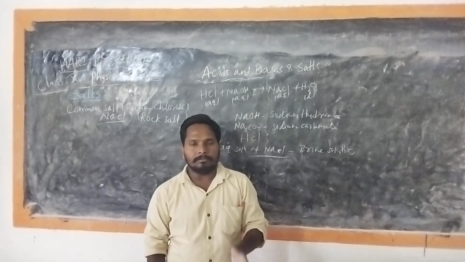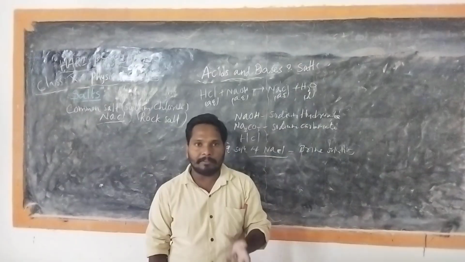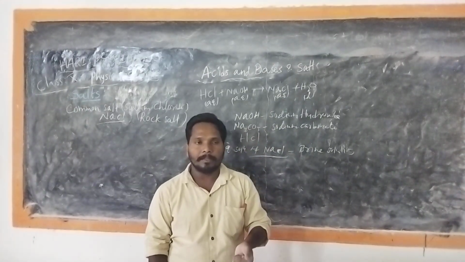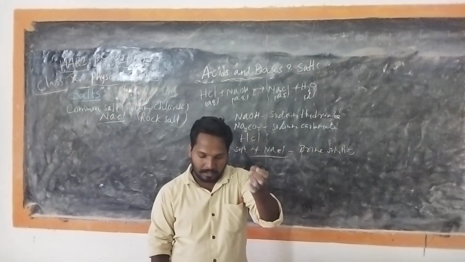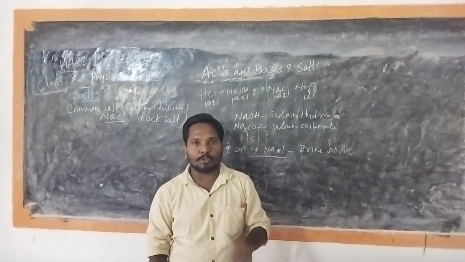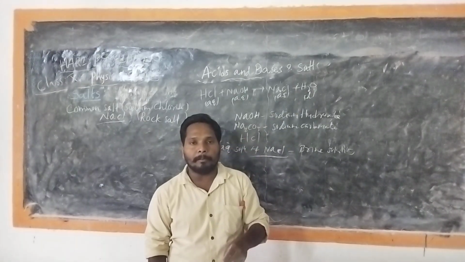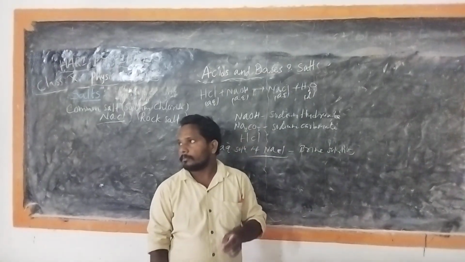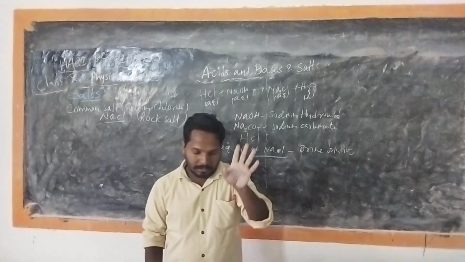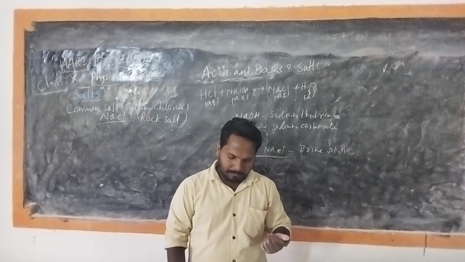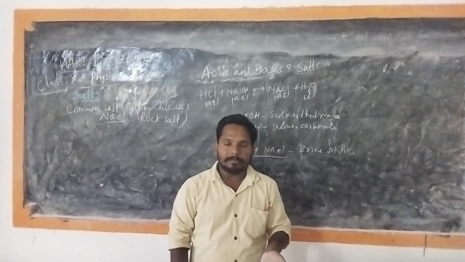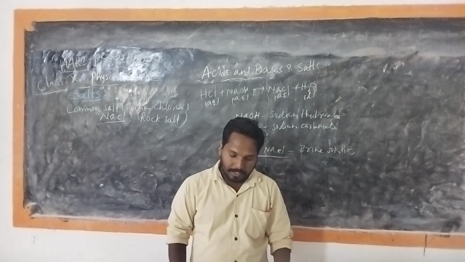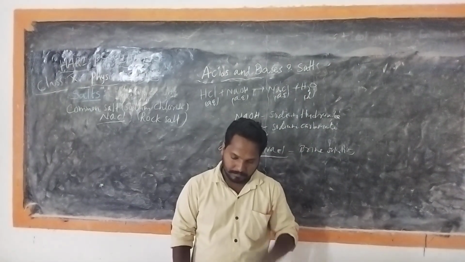So it is a food preservative, gives flavor to food, is used to manufacture various chemical substances and soap, and to melt ice. These are some points regarding common salt.